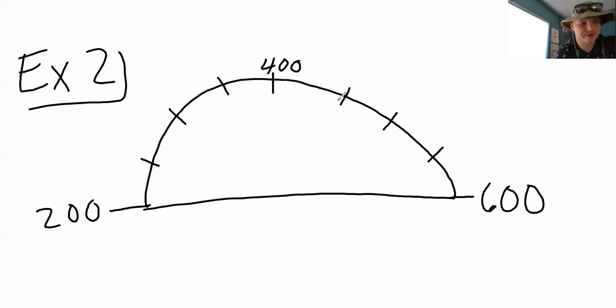So my arrow is pointing at, I'll have it point at this guy right here. So Evan, where is my arrow pointing at? 550. Yep. And how'd you know that?